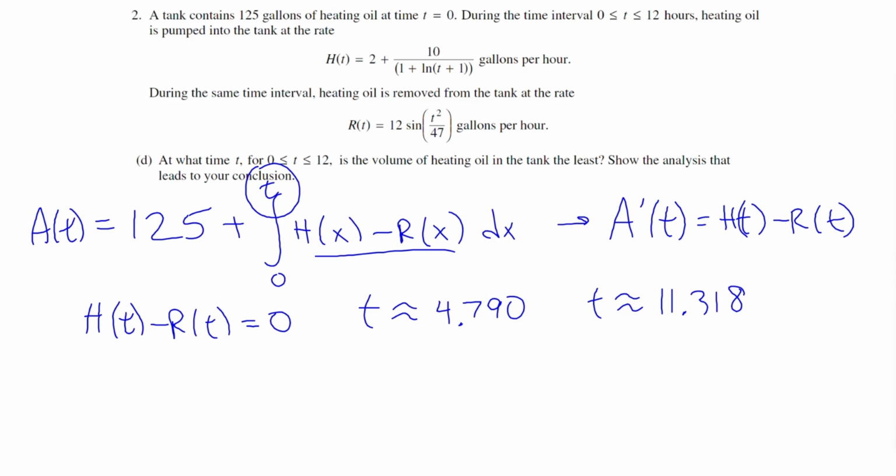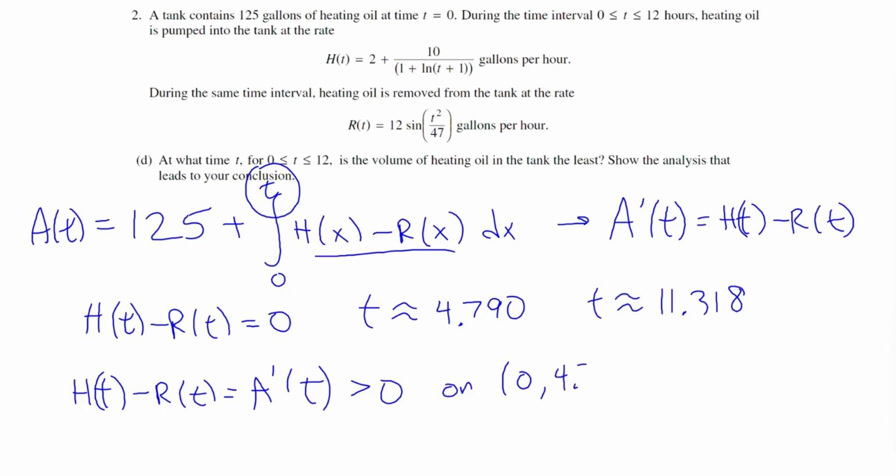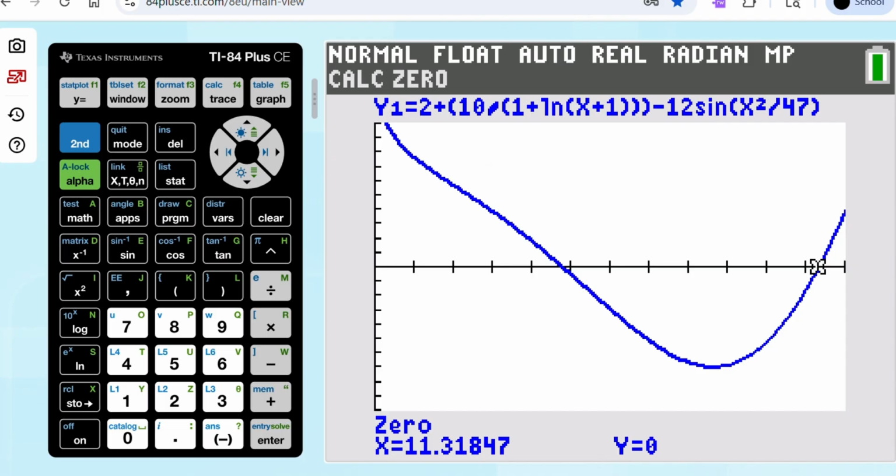And we'll note that because h of t minus r of t, which is a prime of t, is greater than 0 on 0 to 4.790, a is increasing, right? And we can see that right here in our graph.